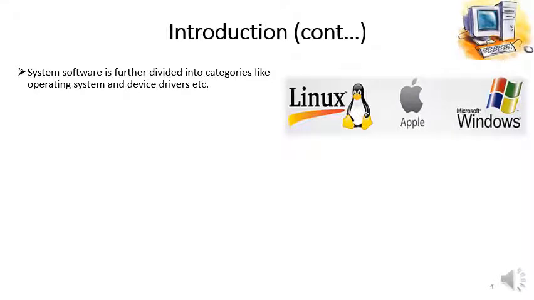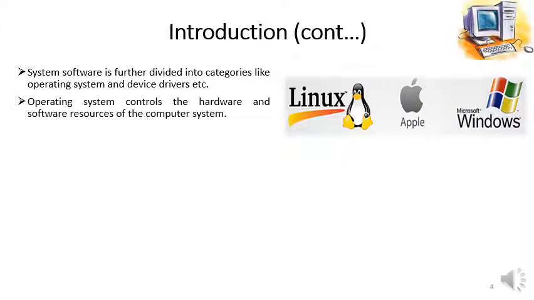System software is further divided into categories like operating system and device drivers, as I told you. The operating system controls the hardware and software resources of the computer system. Here in this picture we can see different examples of operating systems like Linux, which is an open source operating system, and Apple's Macintosh operating system, which is used on Apple gadgets, and of course the Microsoft Windows operating system that we use most of the time.